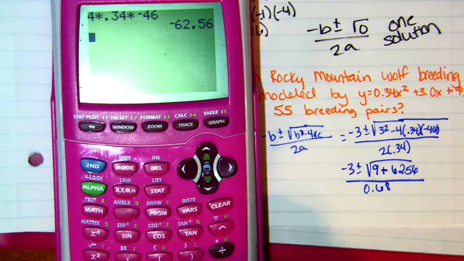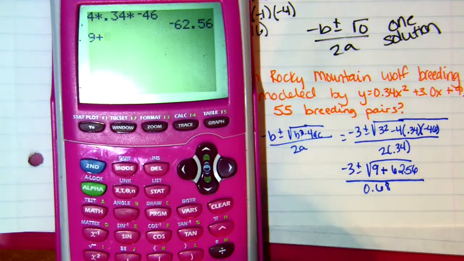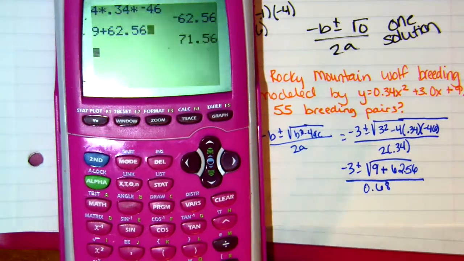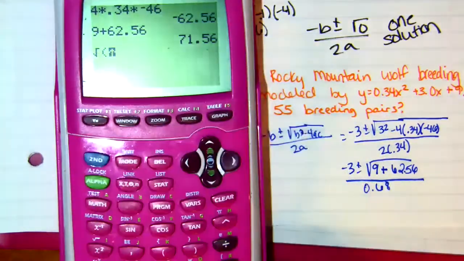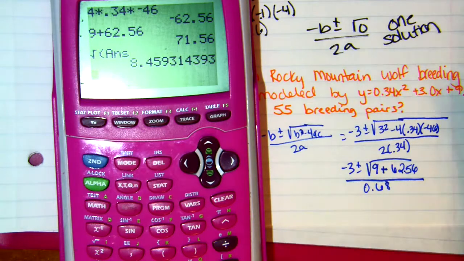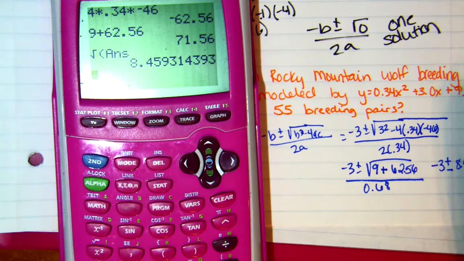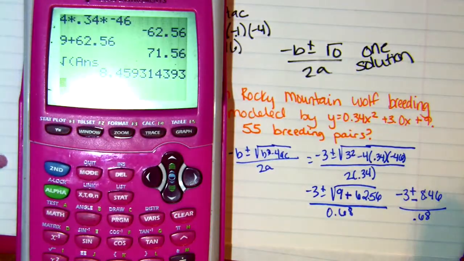So let's do 9 plus 62.56 and take the square root of that. So this becomes negative 3 plus or minus 8.46, all over 0.68.